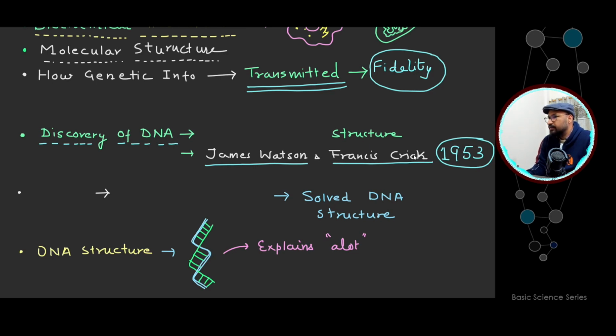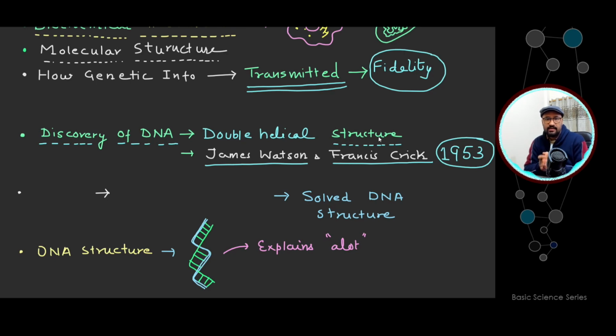And in addition, what was the structure? It was a double helical structure of the DNA molecule. So these are the important things that we need to remember: who the people were that discovered the DNA structure.